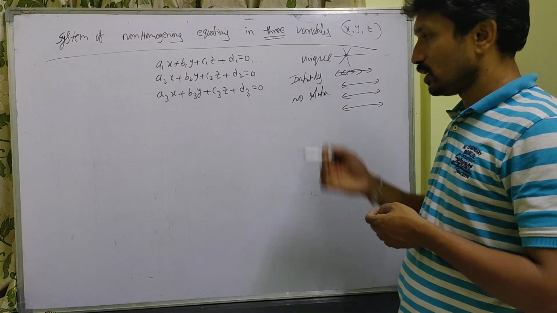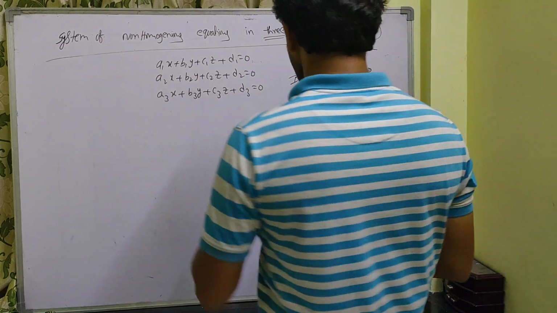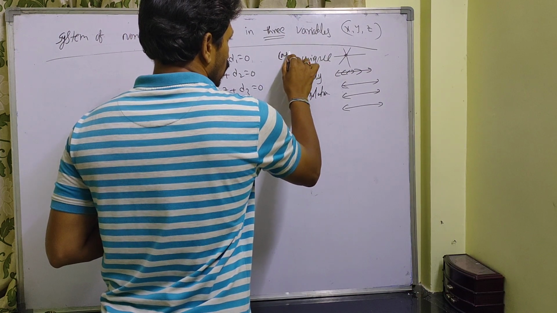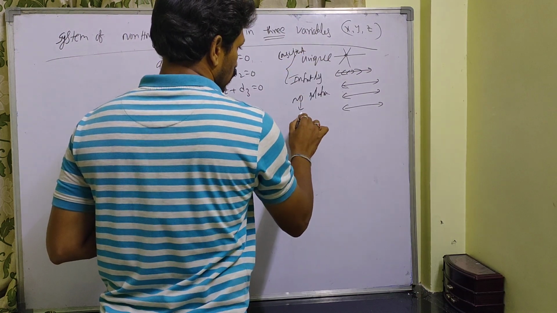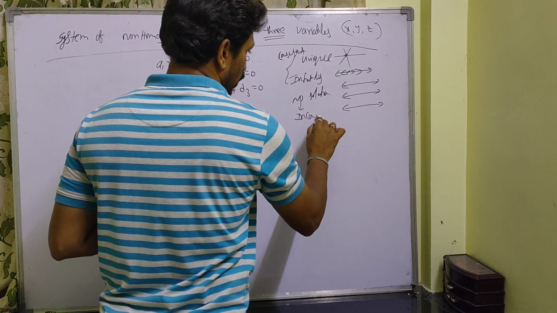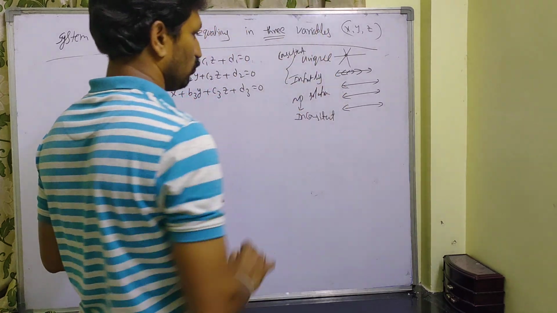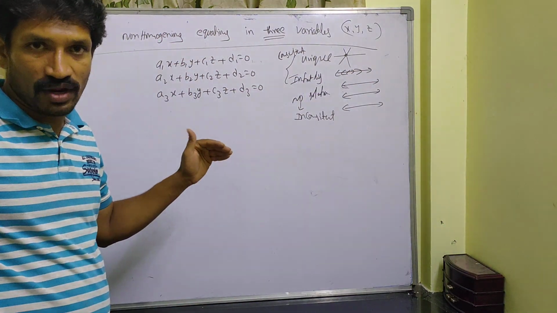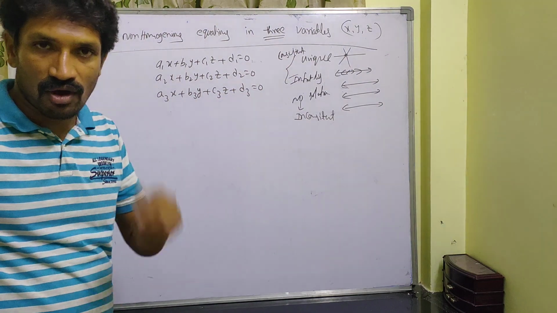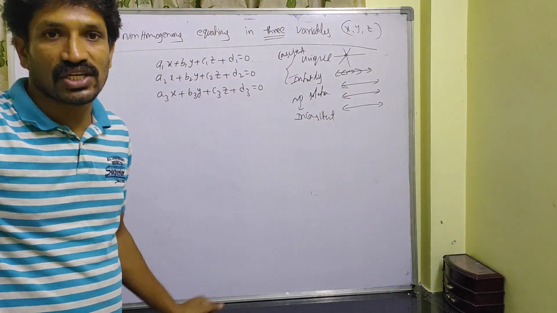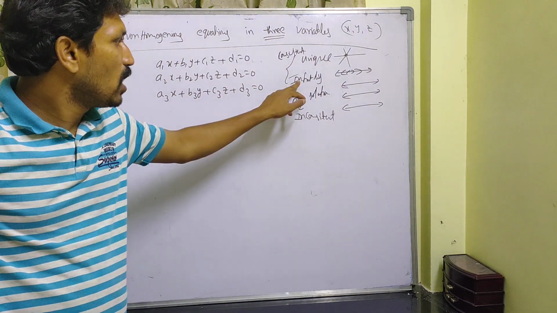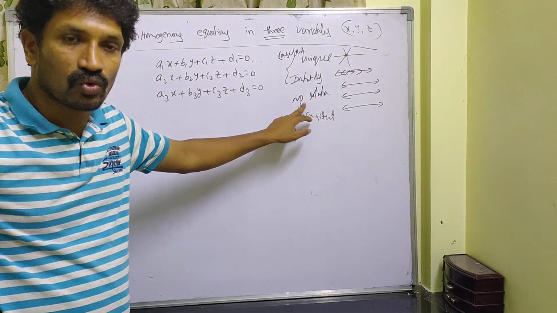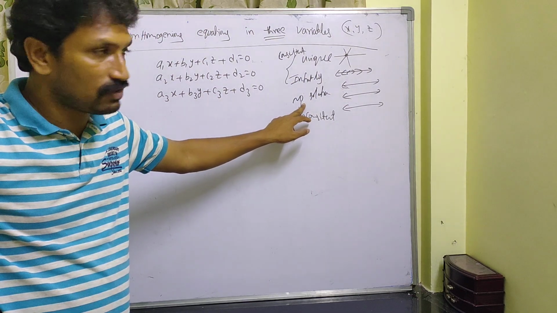First of all, how can you decide whether these are consistent or inconsistent? In 10th class, for two variables we have the conditions: a1 by a2 not equal to b1 by b2 for a unique solution, a1 by a2 is equal to b1 by b2 is equal to c1 by c2 for infinitely many, and a1 by a2 is equal to b1 by b2 is not equal to c1 by c2 for none.